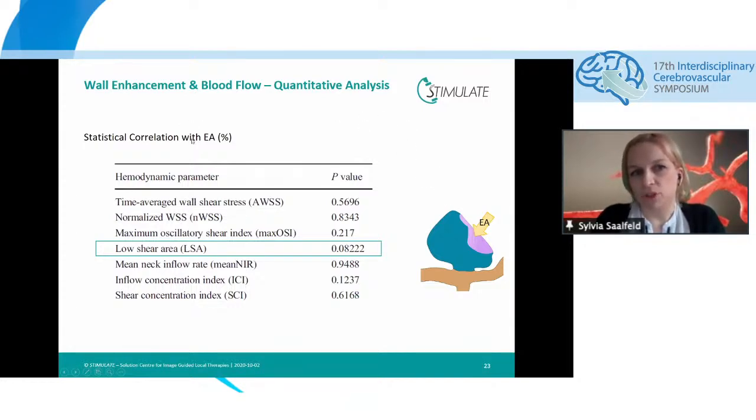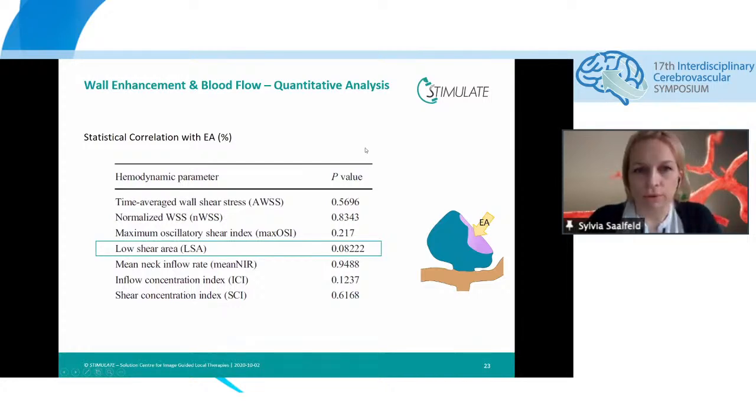So we get a percentage size, how much is the percentage part of the aneurysm which is associated with wall enhancement. There was no statistical significance, but there was a strong trend for low shear area. So that was a really interesting finding.